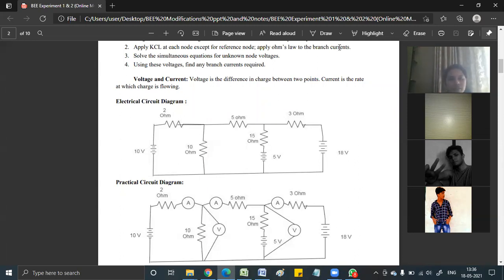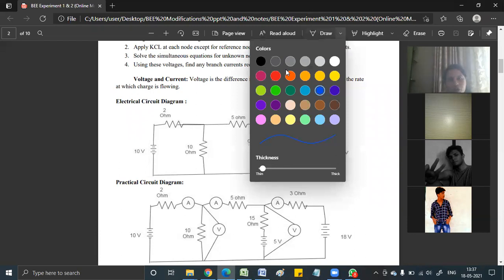Yes, anyone? Using mesh analysis, what did you determine? Using nodal analysis, what did you determine? Yes, tell. The mesh analysis. Why do you use mesh analysis?